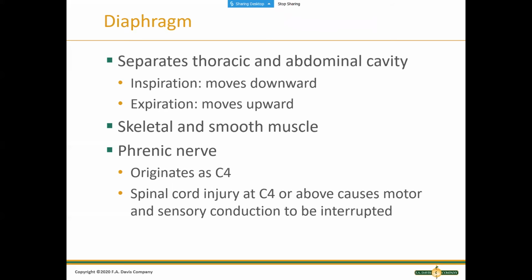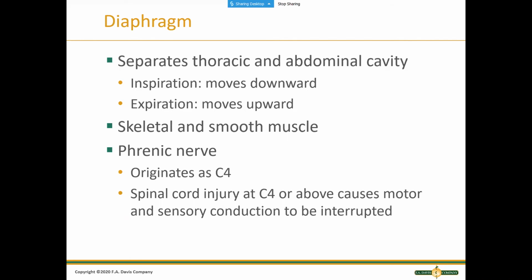We'll keep trucking. Your diaphragm is a very important muscle in your body. Your diaphragm separates your chest from your abdomen. When we breathe in, the diaphragm moves down. When we breathe out, the diaphragm actually moves up.